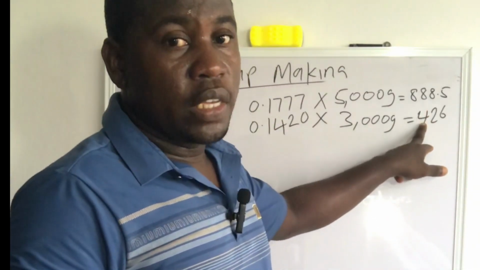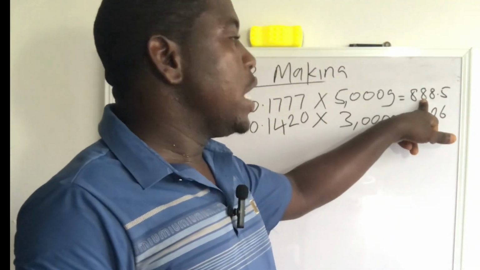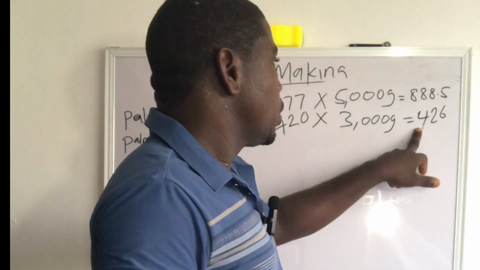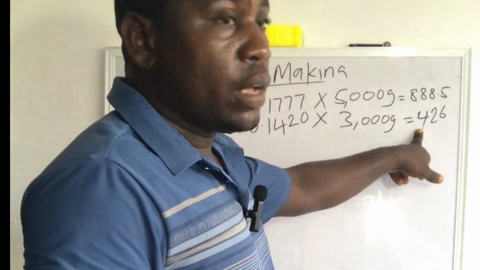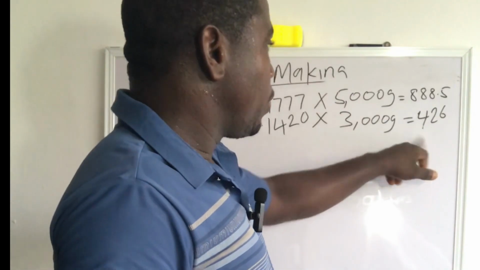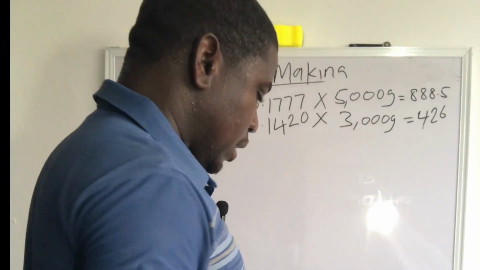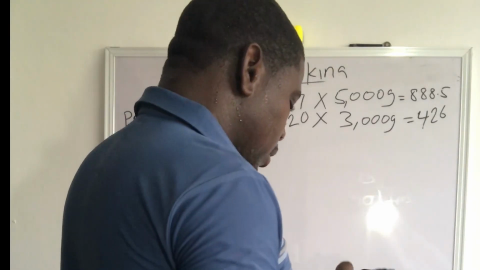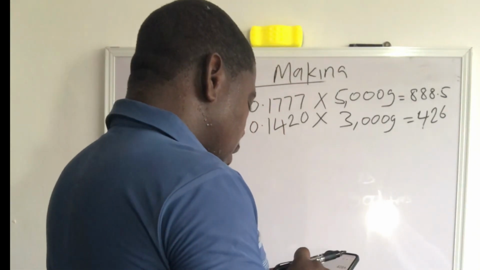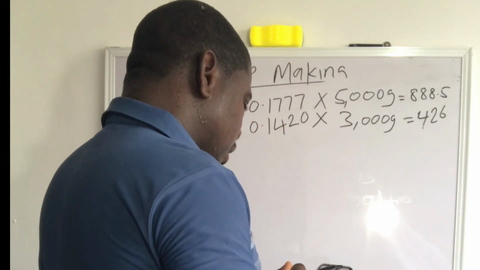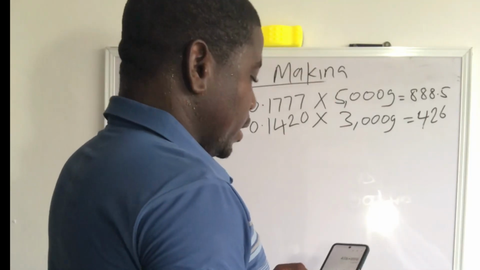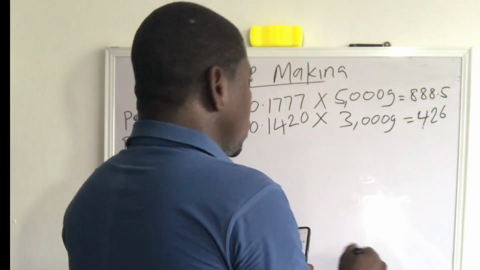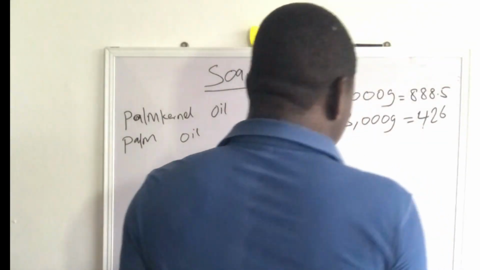Then what we do now is we add this 888 grams of caustic soda plus 426 grams of caustic soda, which will give us the total.